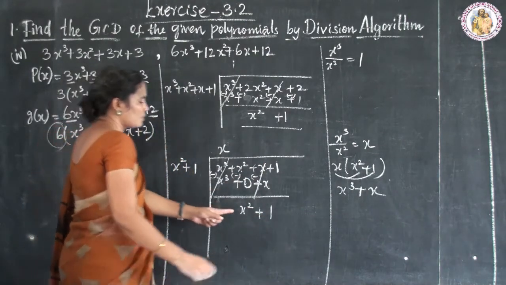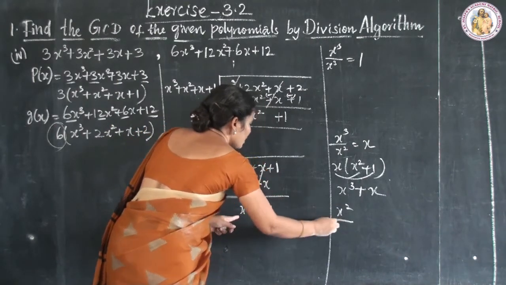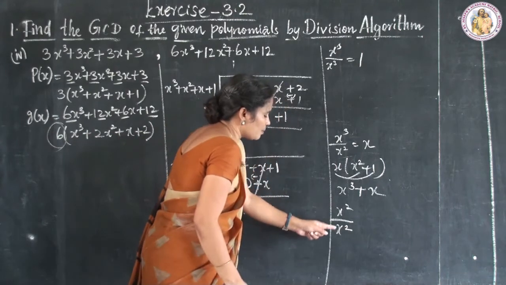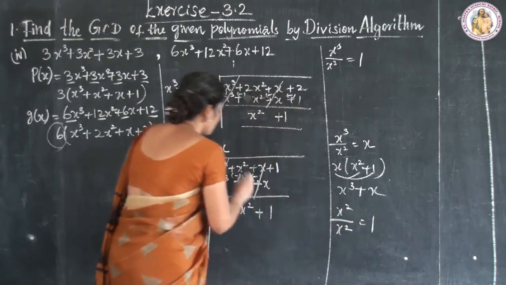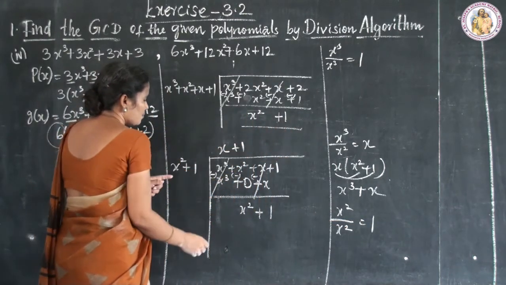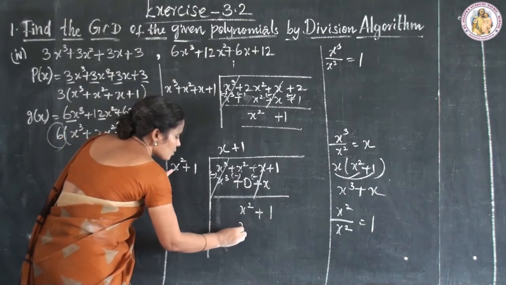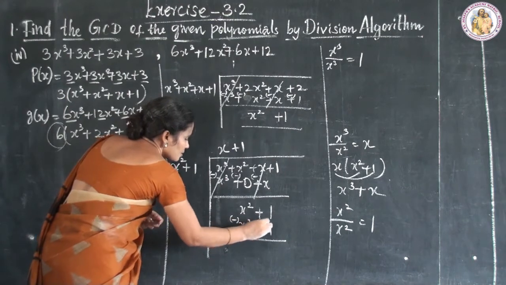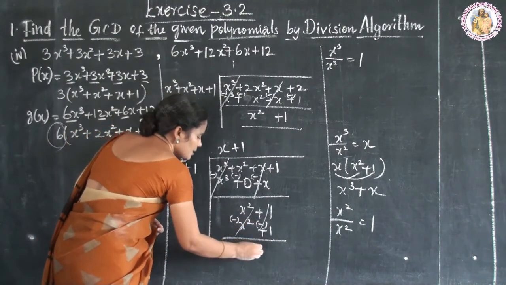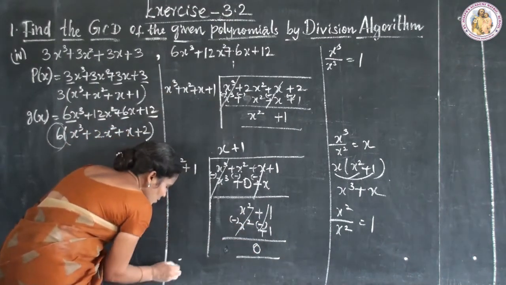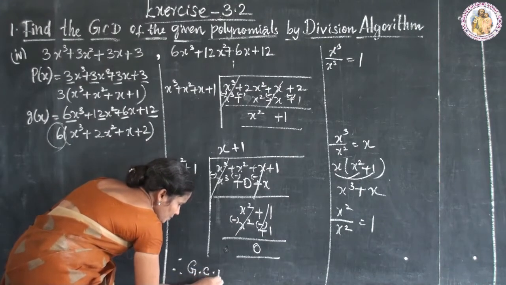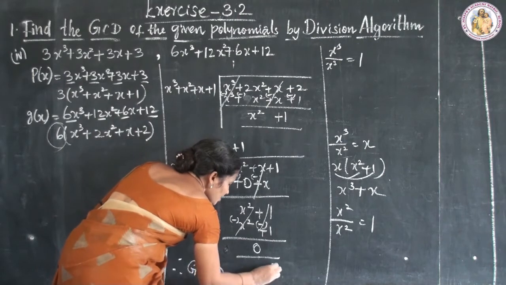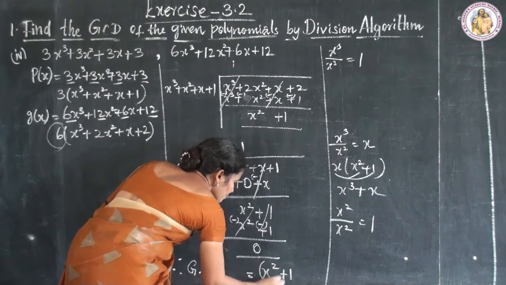Again, the first term x square divided by x square is 1. So plus 1. With 1, if you multiply x square plus 1, we get x square plus 1. Change the sign, cancel, it is equal to 0. GCD is equal to x square plus 1.